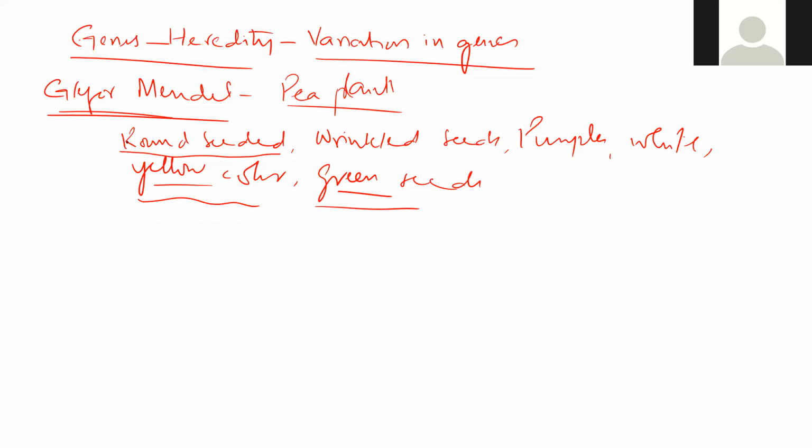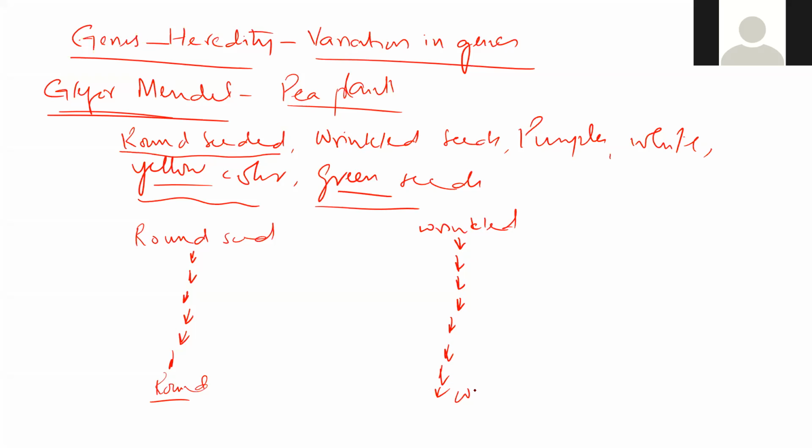He said, before I chase these factors, let me first see if I grow a round seeded plant generation after generation, I have round seeds and no mixing of any wrinkled seeds. The same for a wrinkled seeded plant: grown generation after generation, there's no contamination of round, and in 100% of cases it produces wrinkled seeded plants.